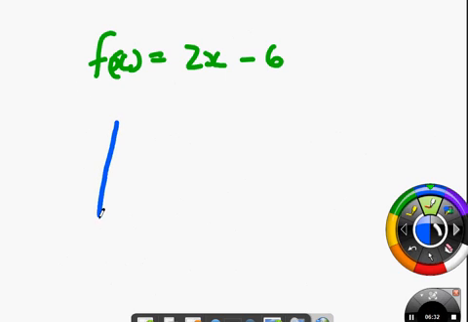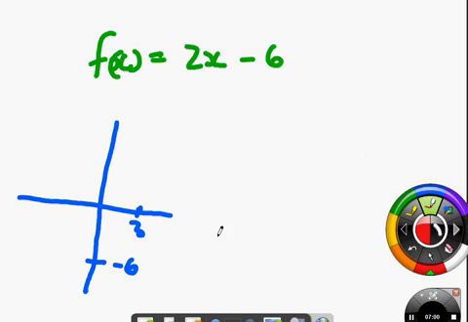So we've got our y-axis, our x-axis, and remember, when x is equal to 0, I am going to get negative 6 there. And also, if I make y equal to 0, I will get 3 for x. So I'm pretty sure this will come here at 3. So my graph will look something like this. I've just done the procedure without showing the working, but if you want, you can try to do it by yourself. So that's my graph.